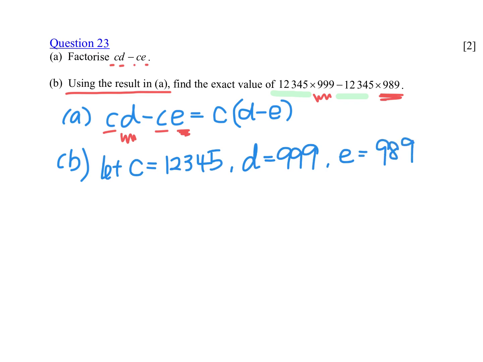After I use my factorization from here, I can see the term is made up of 12345. The common factors, we only write down one time.